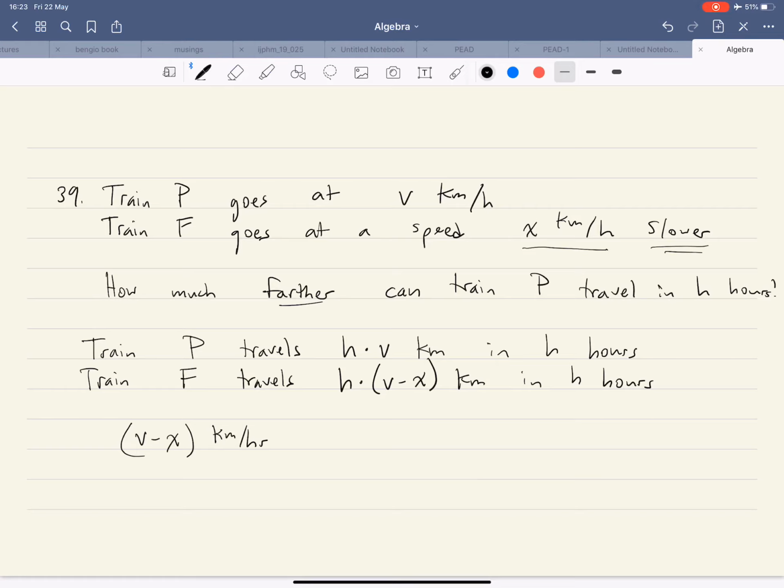So now, when we talk about how much farther train P traveled in h hours, we just need to take the difference between these two, right? h times v minus h times (v minus x). And since this isn't asking us to simplify, we could box this answer and say that we're done here.